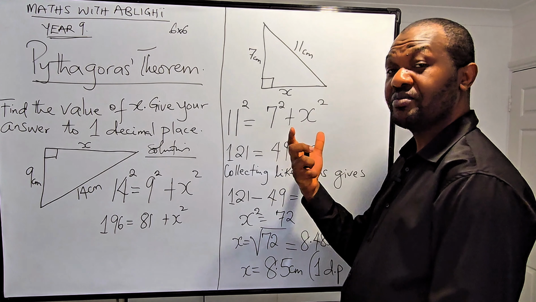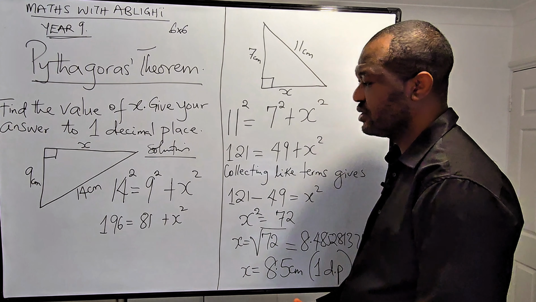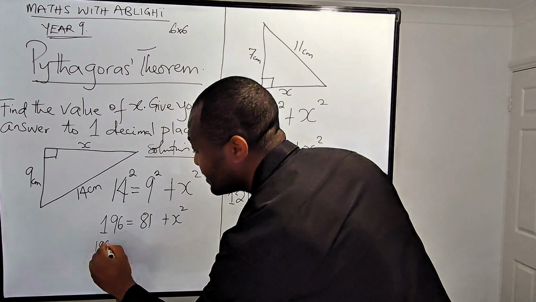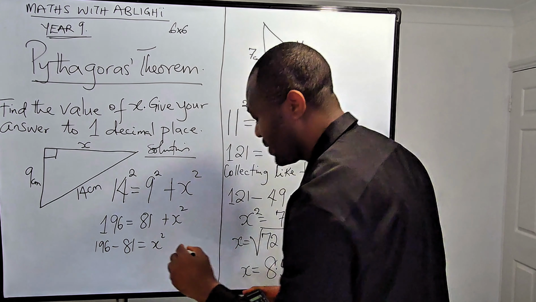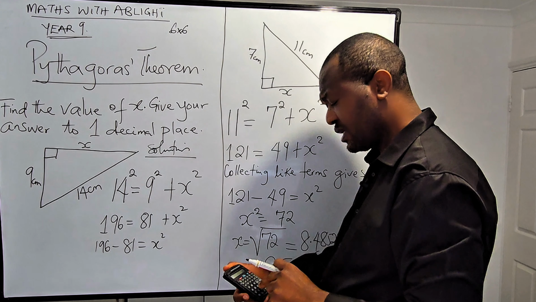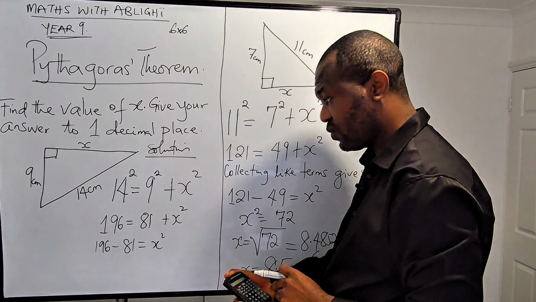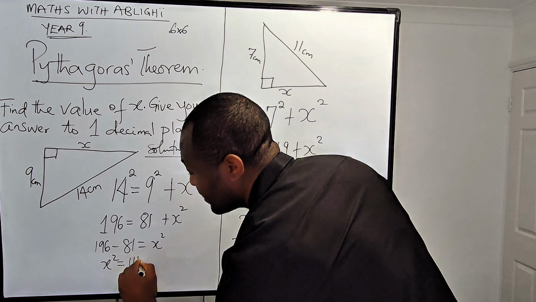It makes the examiner know that you know your onions, you know what you're doing. So you collect like terms and you are going to have 196 minus 81 is equal to x squared. So let's subtract 81 from 196. We've got 115. x squared is equal to 115.